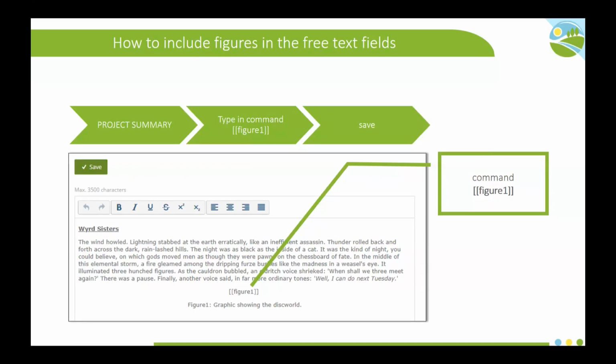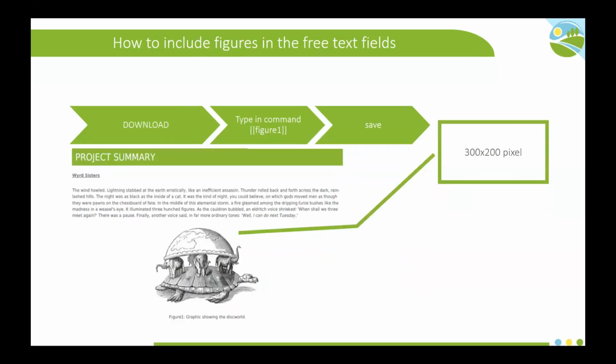If you would like to see how it will look, then in the proposal, you go to the menu button, Download Proposal, where you can see, as already said, the current working version of the proposal. And this is how it will then look. If you download the proposal, you will see the project summary and the figure included. In this example, the figure has a pixel size of 300 by 200 pixels.